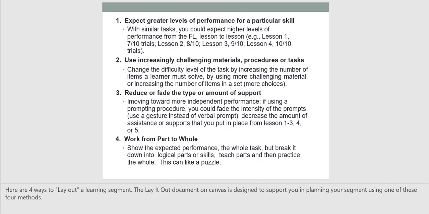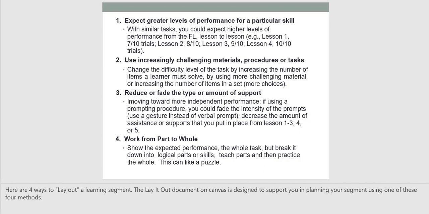Here are 4 ways to lay out a learning segment. The laid out document on Canvas is designed to support you in planning your segment using one of these 4 methods. 1, expect greater levels of performance for a particular skill. So with similar tasks, you could expect higher levels of performance from baseline to lesson 1 to lesson 2 to lesson 3.